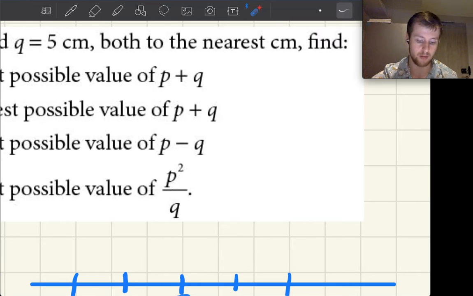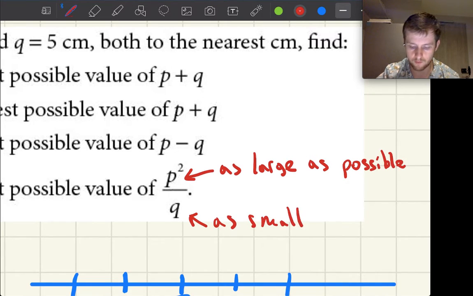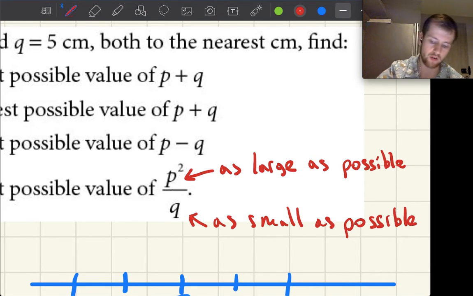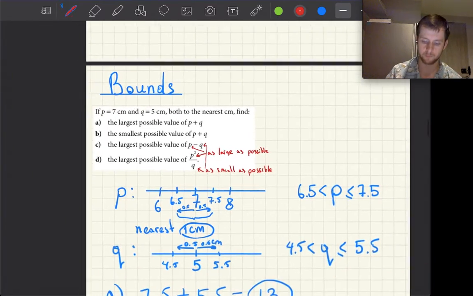So the top has to be as big as you can make it, as large as possible, and the bottom has to be as small as possible. And the same goes basically for subtraction as well. So subtraction here, this number has to be as large as possible, and this number has to be as small as possible.